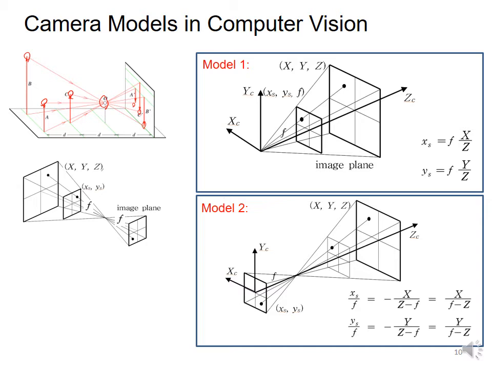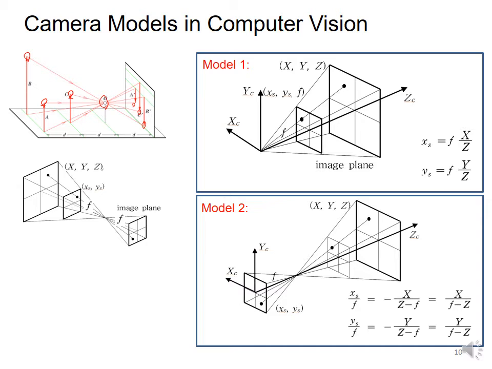Although the images of A, B, C are inverted in the image plane, it looks straight when we look at them on the monitor. Therefore, when performing various image-related calculations in computer vision, the image plane is brought forward by the focal length f to create a virtual image plane to solve the problem of image flip.